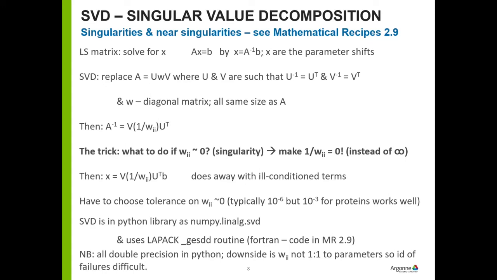So if you do a refinement and you find some parameter has gone way off into left field, that's what has happened: there's been a near singularity involving some other parameter, and it has gone very badly astray.